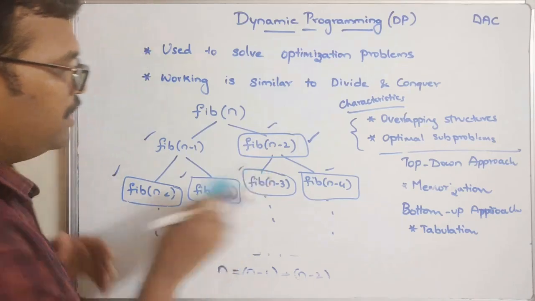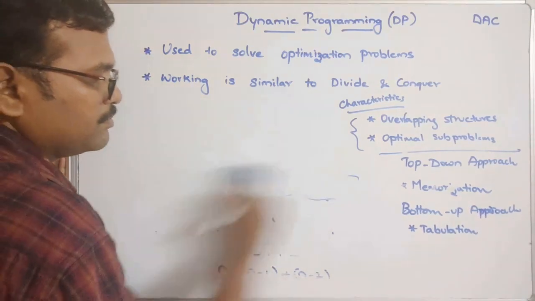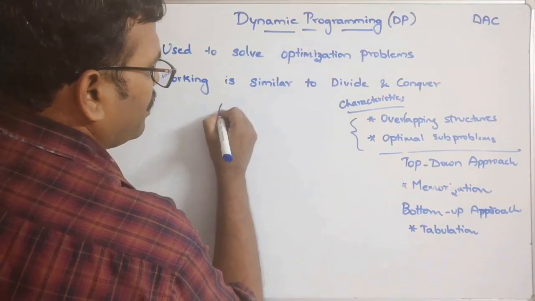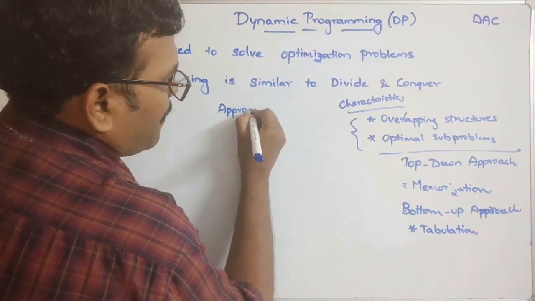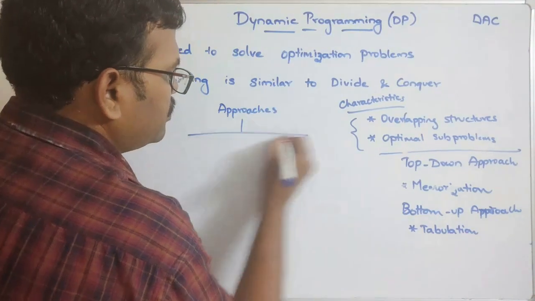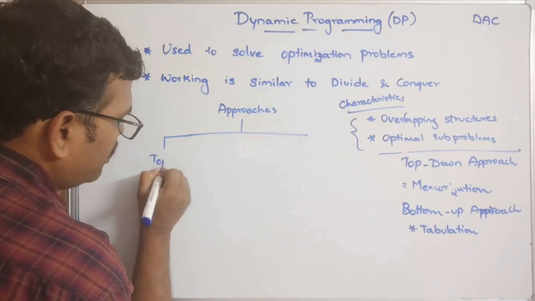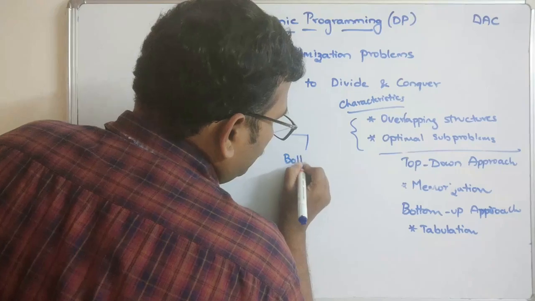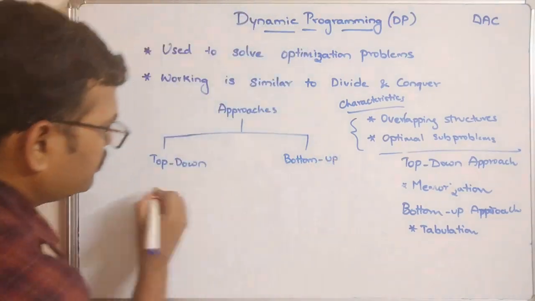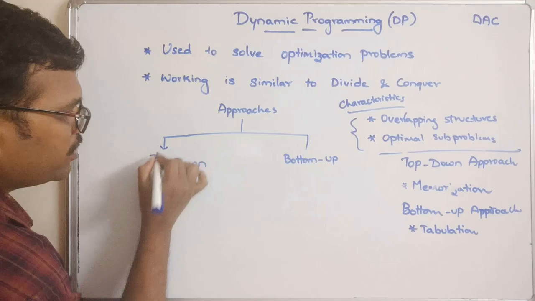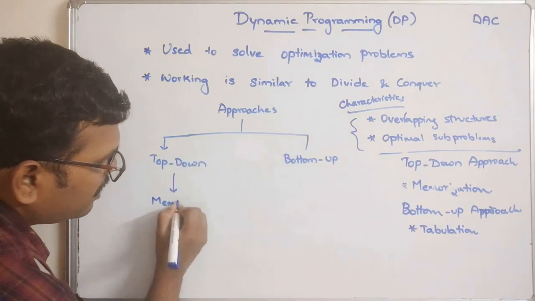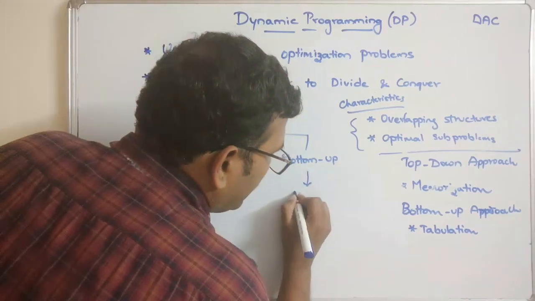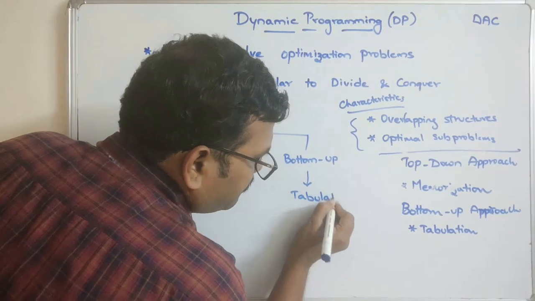See, I'll write here. Consider these approaches. We can say there are two approaches: top-down approach and another one, bottom-up approach. In the top-down approach, we call the process memoization, and here it is called tabulation.